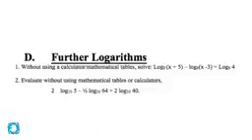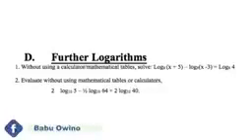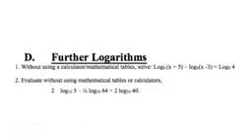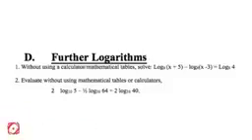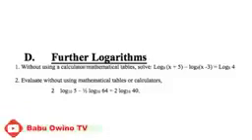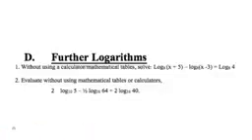log of x plus 5 to base 8 minus log of x minus 3 to base 8 equals log 4 to base 8. So when you are faced with such a challenge, number 1, you identify if the logarithms have the same bases. Here they have the same base, which is base 8. Number 2, if they have the same bases, you collect the logs to the same base on one side.